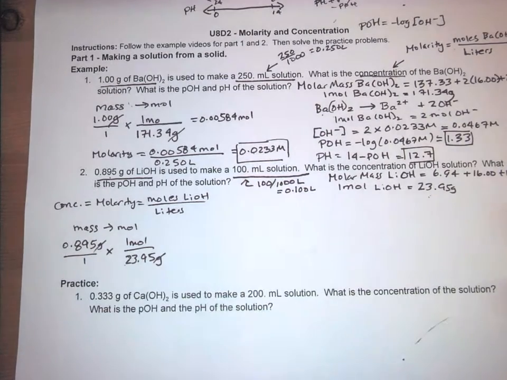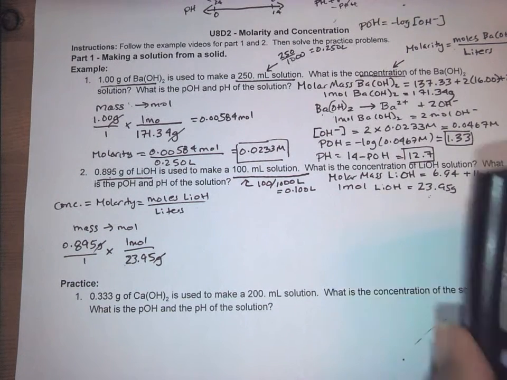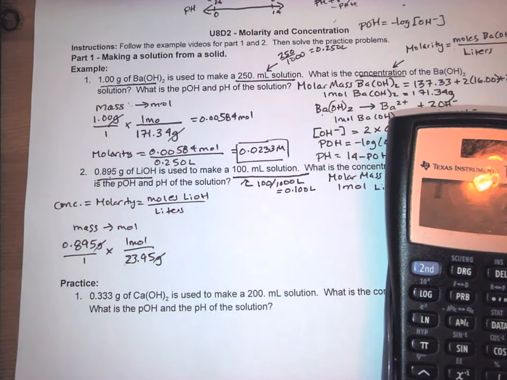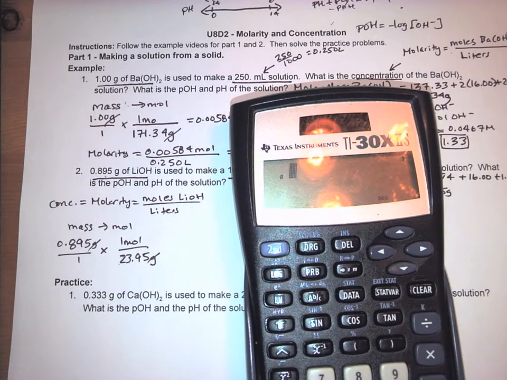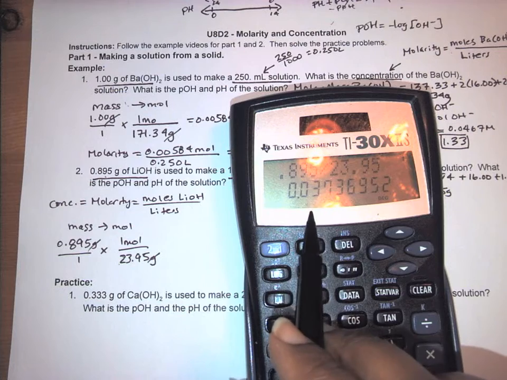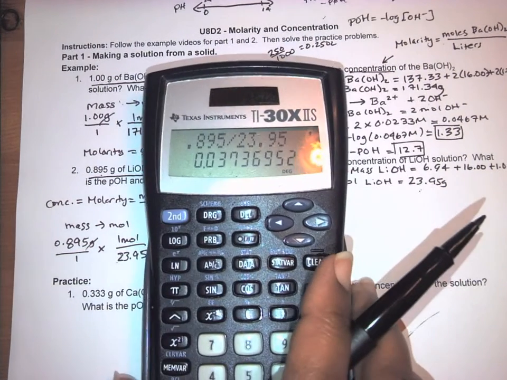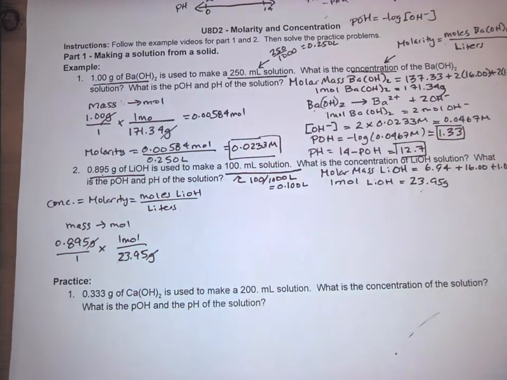Grams cancel out. We're doing 0.0895 divided by 23.95, and that gives me 0.0374 moles.